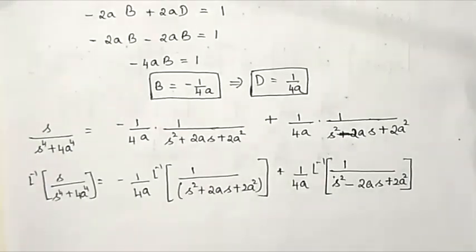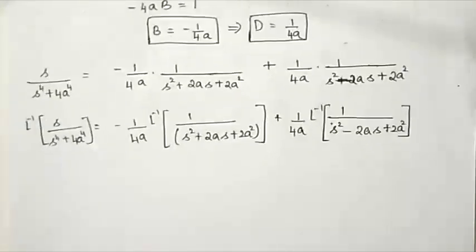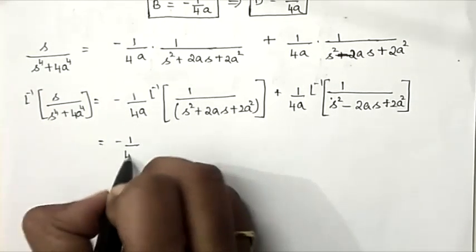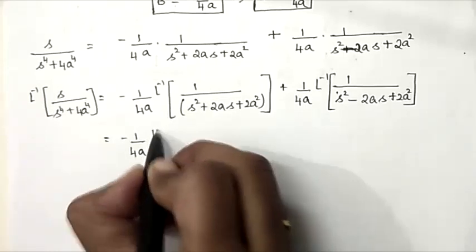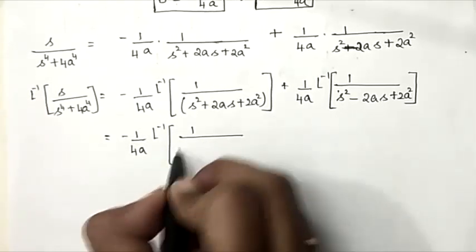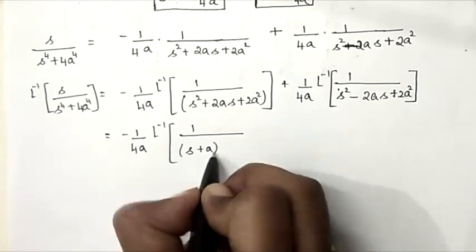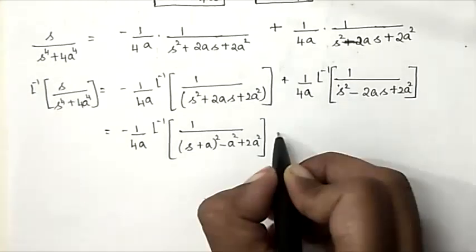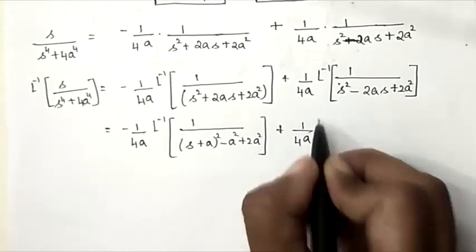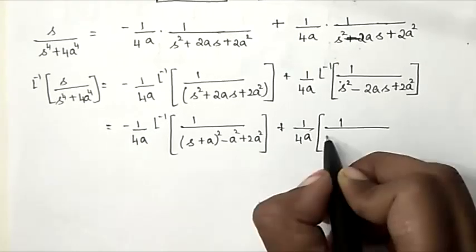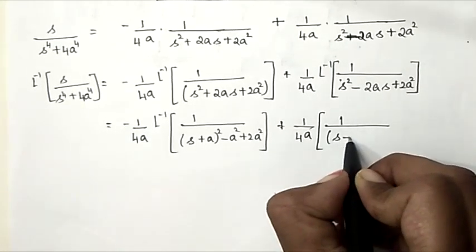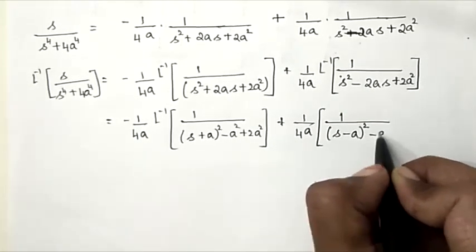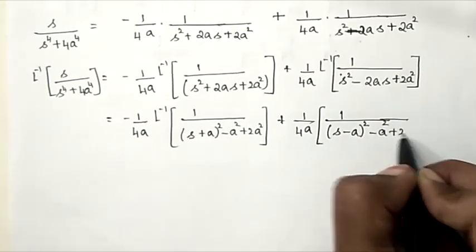Now the denominator is a quadratic, I need to make it a perfect square. So I will rewrite this as minus 1 by 4a L inverse of 1 divided by (s plus a) whole square minus a² plus 2a², plus 1 by 4a, doing the same for the next term, 1 divided by (s minus a) whole square minus a² plus 2a².